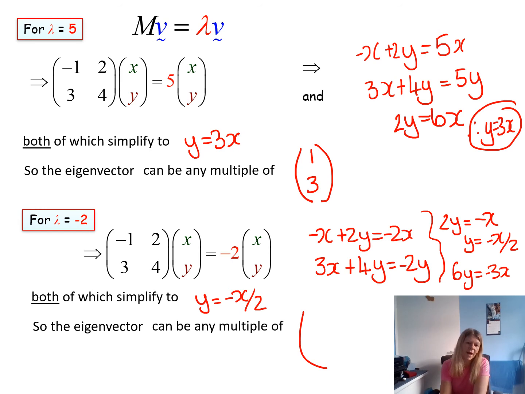So let's pick x as 2. Pick anything really, as long as that's satisfied. If x is 2, y is minus 1. So your eigenvector can be any multiple of that. Bingo. Done. Cup of tea.